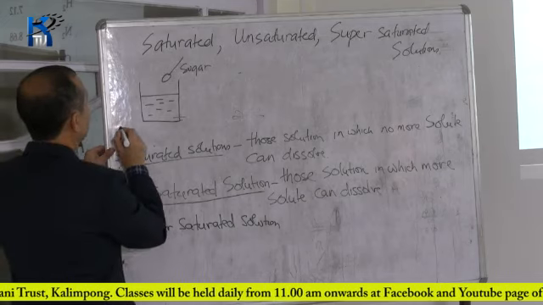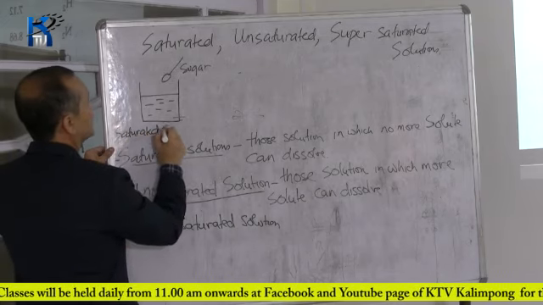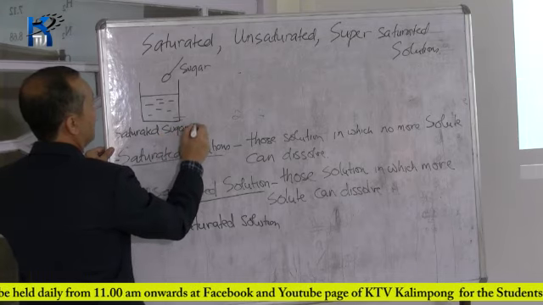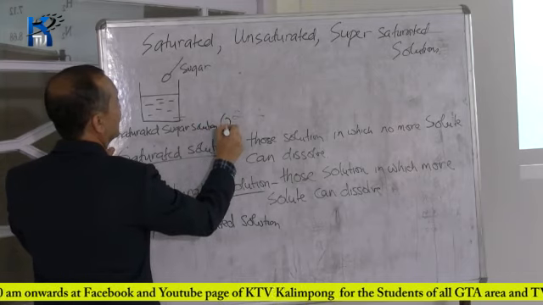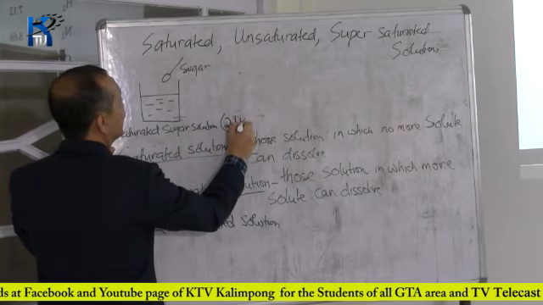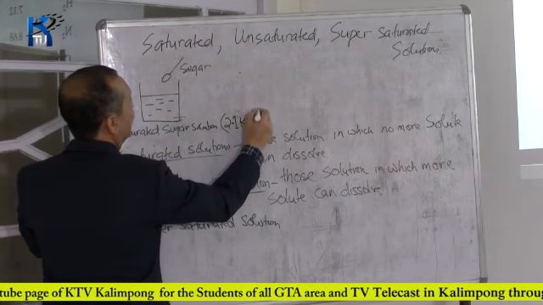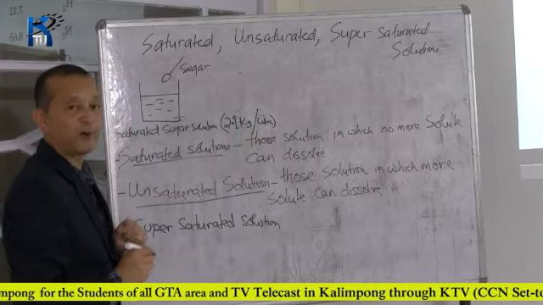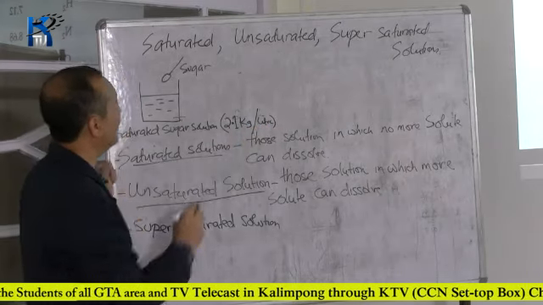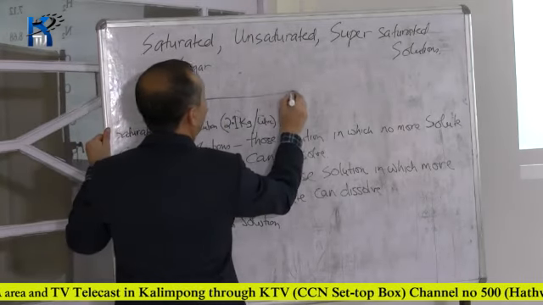This is your saturated sugar solution, and it contains 2.1 kg per liter.